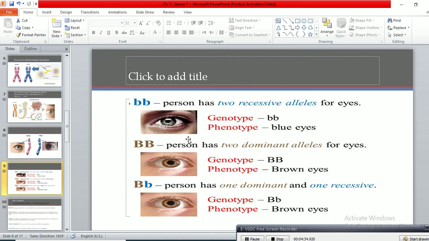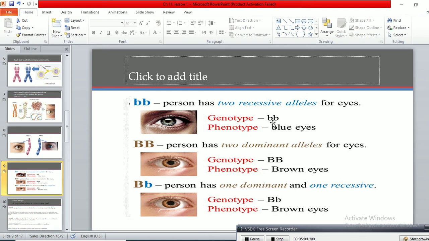These genes, how their versions, the alleles, are carried by the chromosomes, this is called the genotype. That's why the alleles are written in pairs. You can notice here the genotypes are in pairs, either small b, capital B, capital B, capital B, small b, because as we said, one is carried from the mother and one from the father.